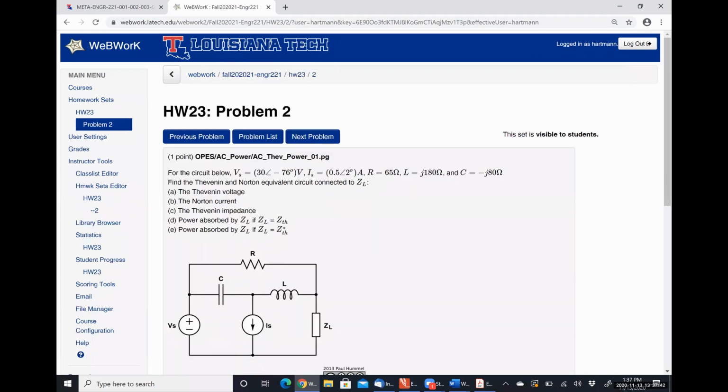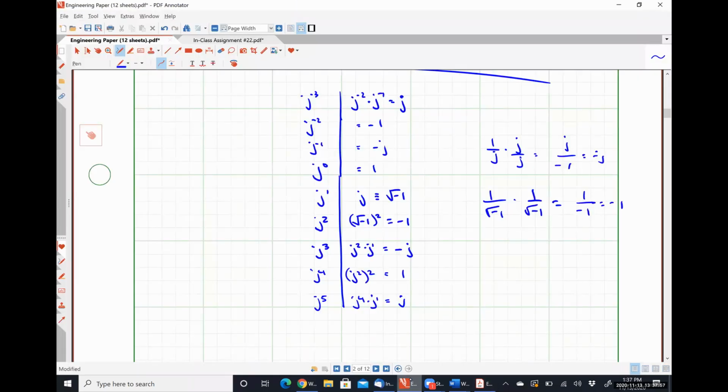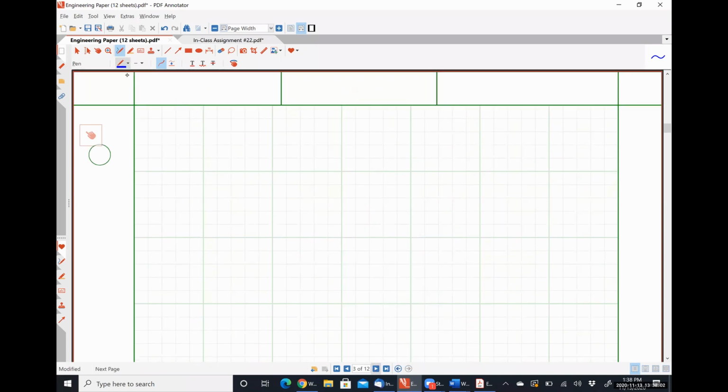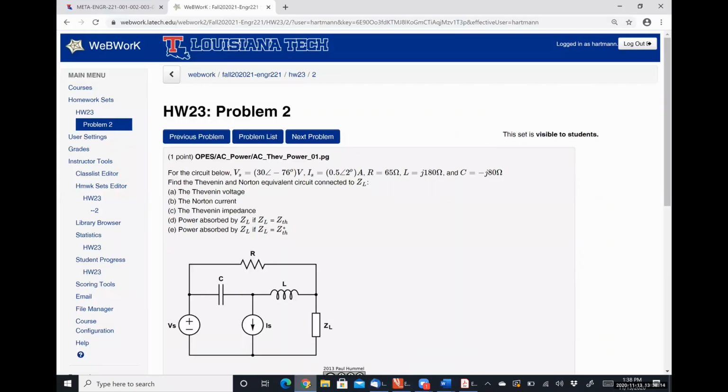All righty, for this problem, find the Thevenin and Norton equivalent circuit connected to our impedance ZL. I have too many windows open, so I'll hop back and forth so I can draw this. So I have a resistor, capacitor.